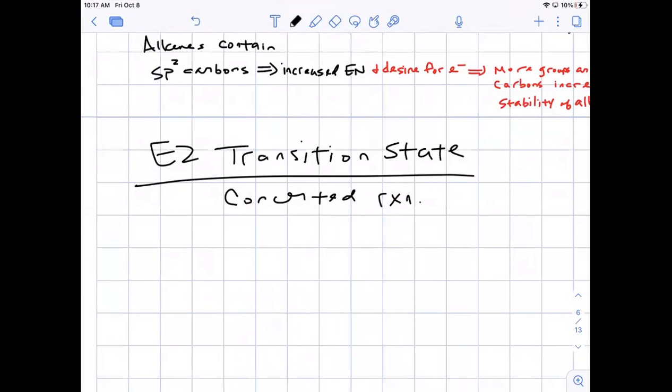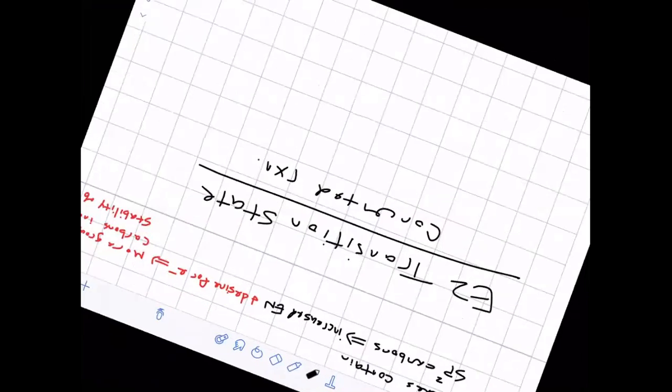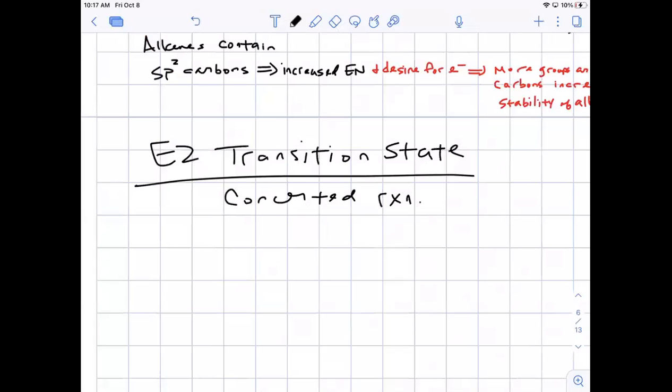And depending on whether it's exothermic or endothermic, that's going to determine whether that transition state looks like the starting materials or the products. Remember the Hammond postulate. It says that whichever species the transition state is closer to in energy, that's what it's going to resemble. So if it's an exothermic reaction, it's going to resemble the starting materials, and if it's endothermic, it'll resemble the products.